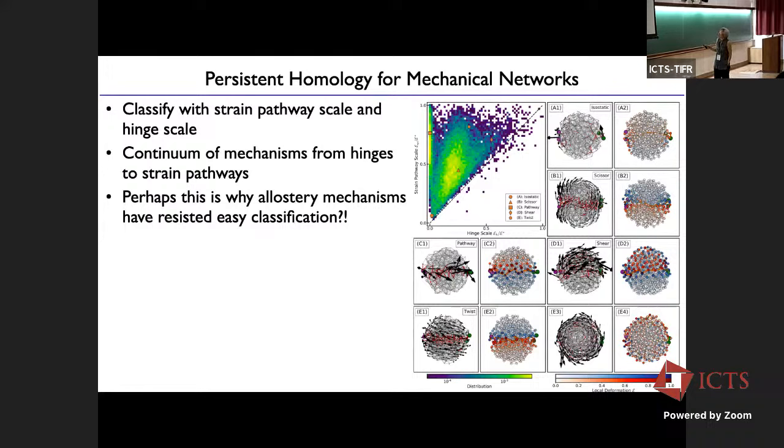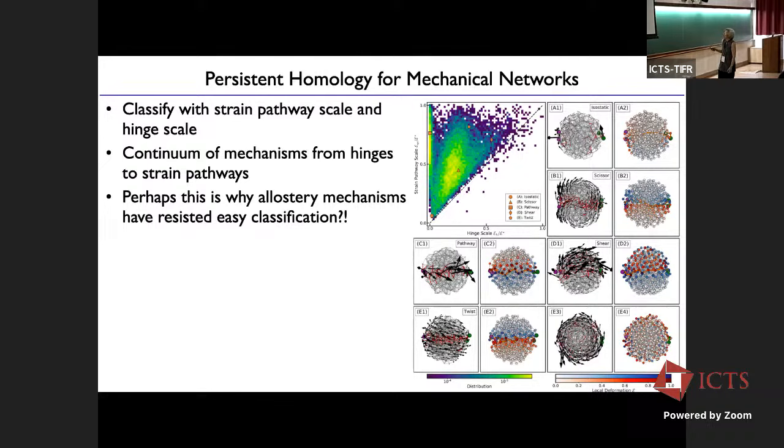We find examples of all of the different kinds of allosteric mechanisms that are common in the literature. So some are like scissors. Others are, you do something here, you do something over here, and something big happens over here. Others are like shear bands, with a twist.